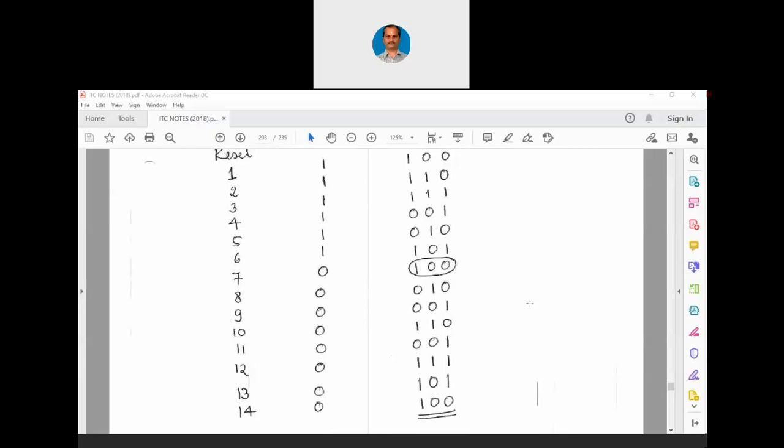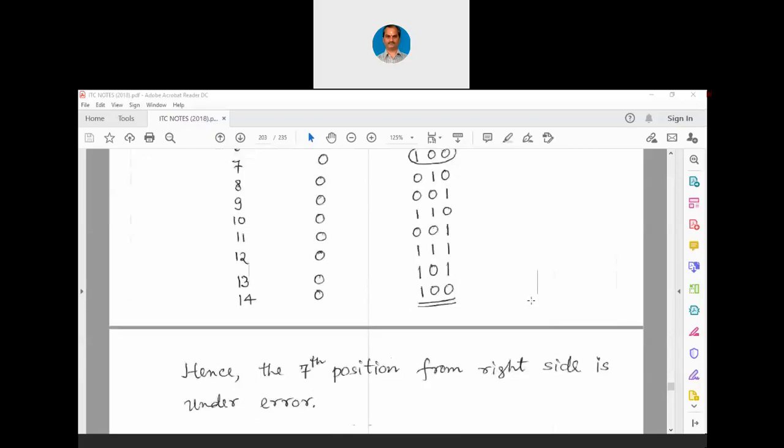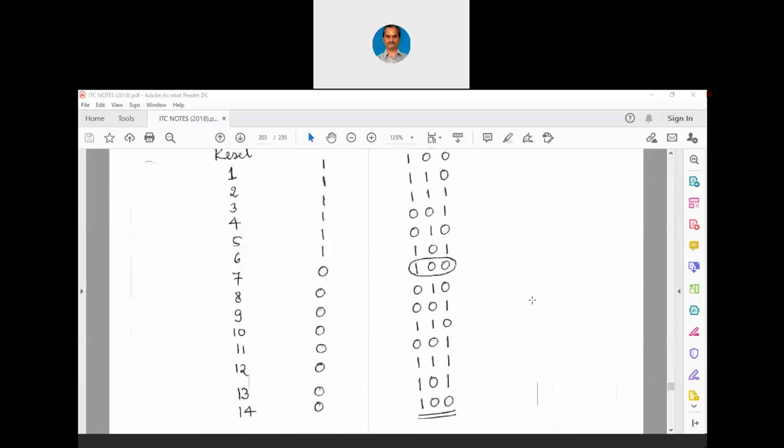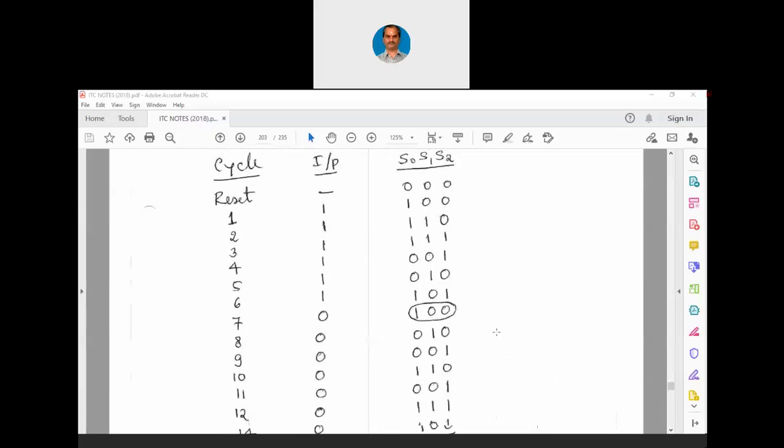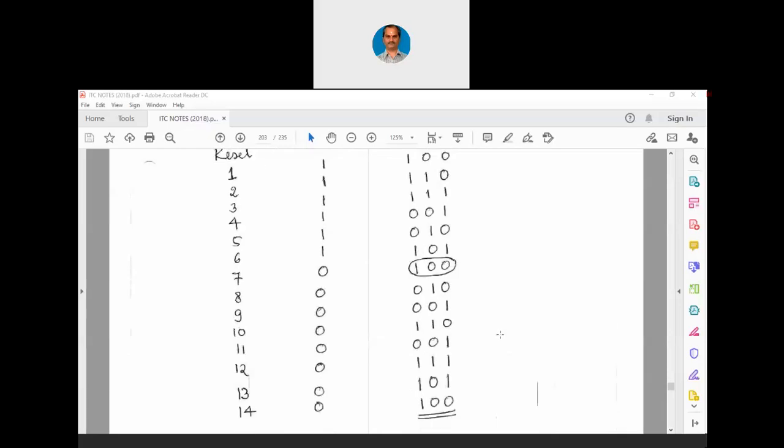That means the error is in the 7th position from the right side, right? Because we are getting the same thing here now. We will have to work out until we get the same syndrome vector. That is the beauty of this circuit. We will have to keep on feeding zeros once again until you get the same syndrome vector.